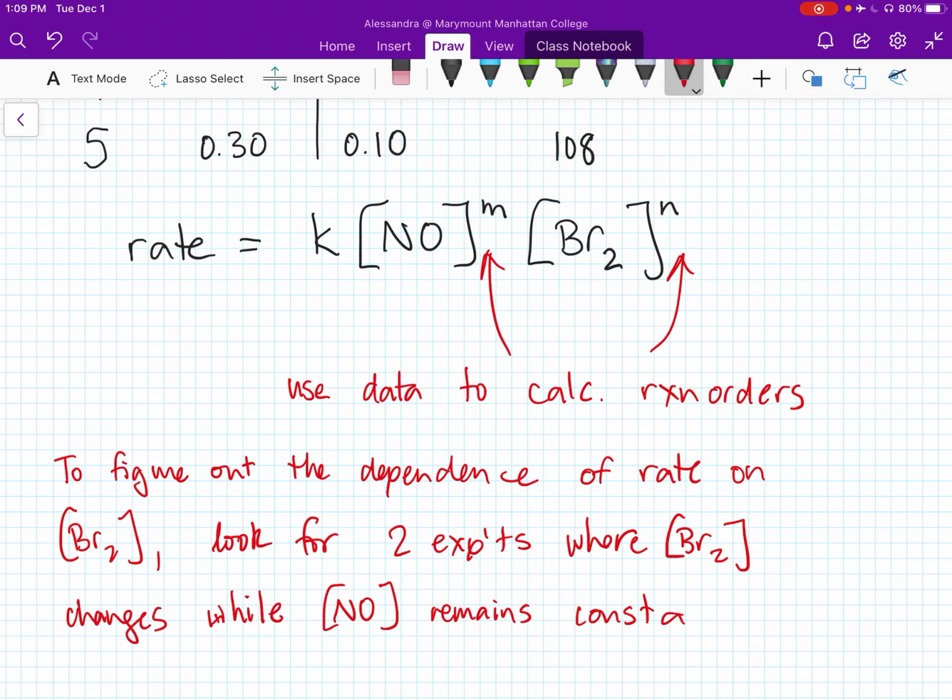That is how you can calculate the value for N, the order for the bromine.